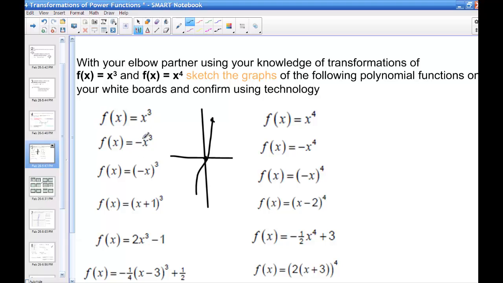There is no difference between this one and that one because you will still get a negative. So you're not reflecting over the x-axis because it will make no difference for us. You're reflecting over the y-axis. For any odd function, when a is negative, you're reflecting over the y-axis.